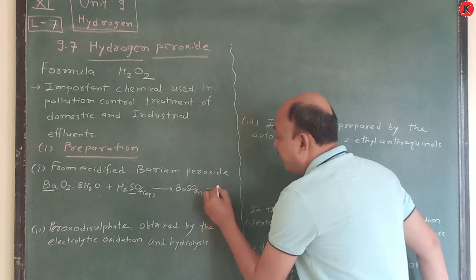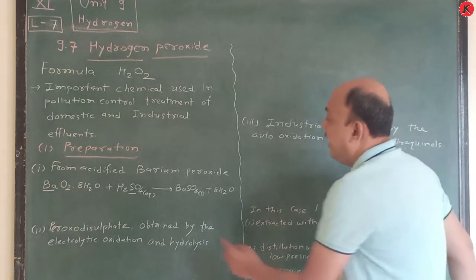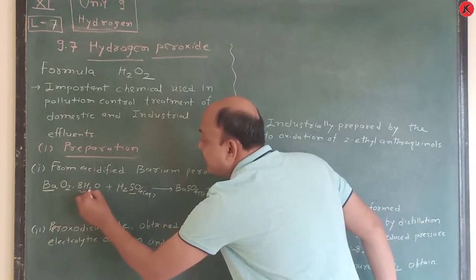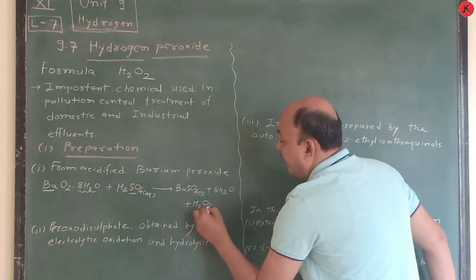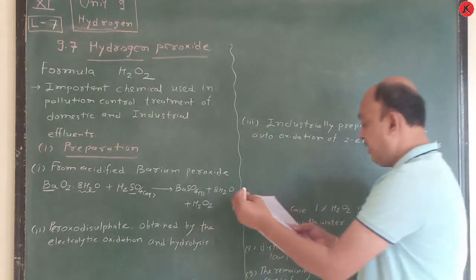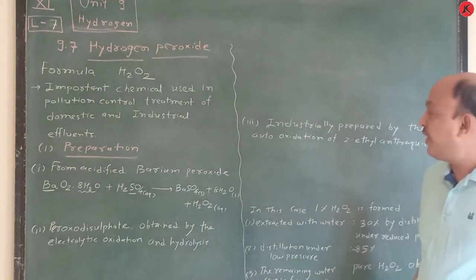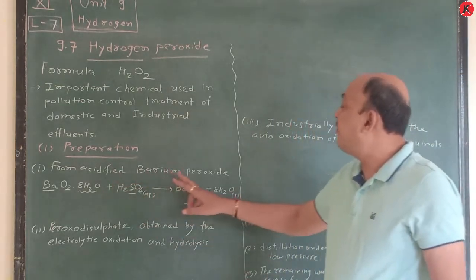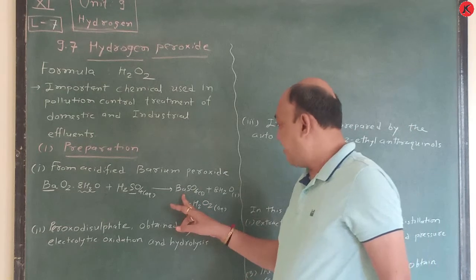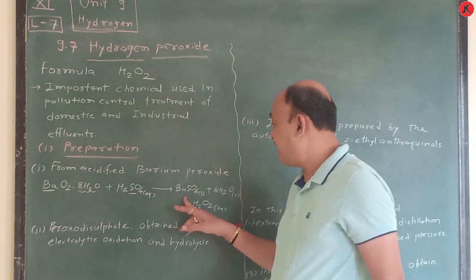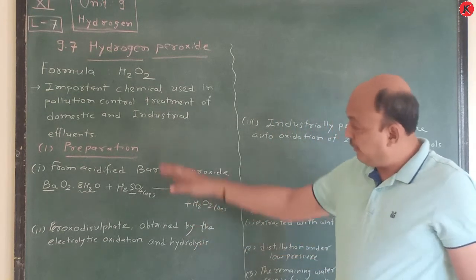The 8 moles of water molecules are also removed, and the remaining is H2 and O2, written as H2O2 in aqueous form, which is a liquid. According to your NCERT textbook, from acidified barium peroxide, BaSO4 solid precipitates, we remove the water, and H2O2 is obtained. This is the preparation of H2O2.